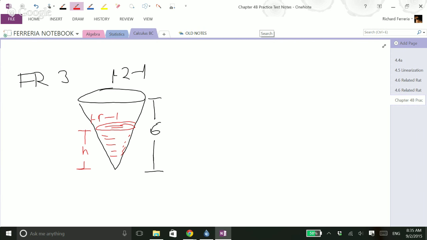Did you figure out that these two cones were similar? Good. Give me an important ratio. How about radius to height equals radius to height?